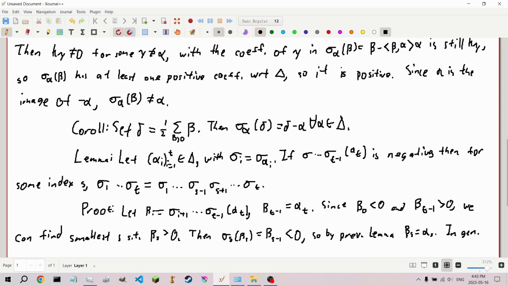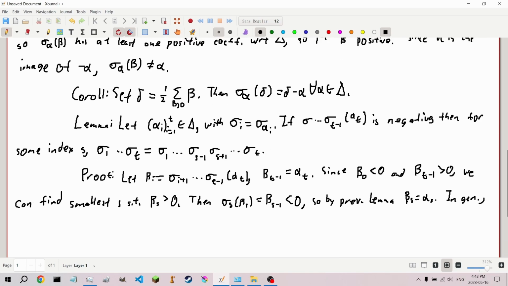In general, if sigma is from the Weyl group, then sigma of sigma alpha is equal to sigma alpha sigma inverse.